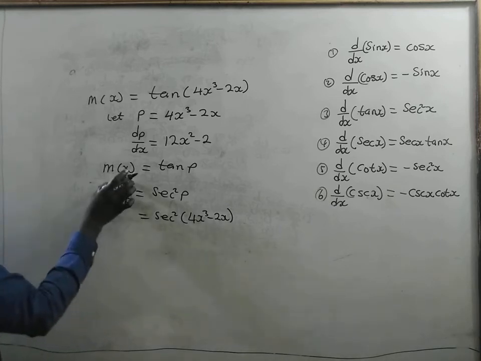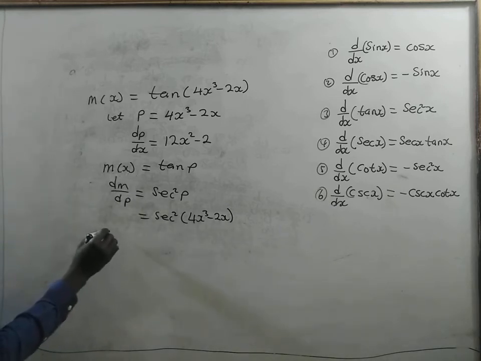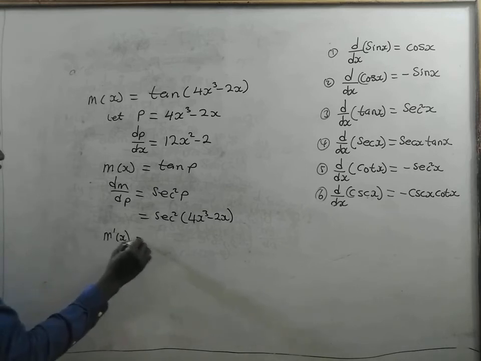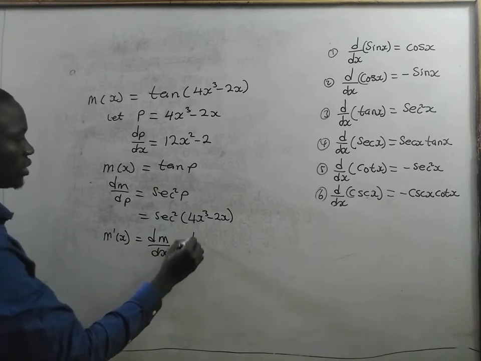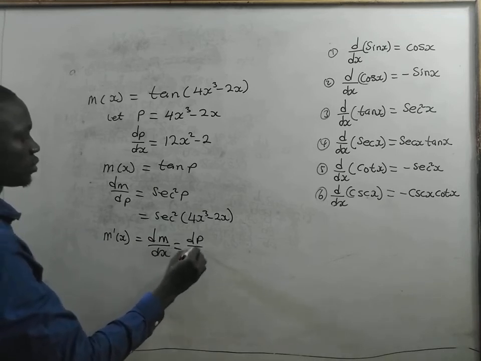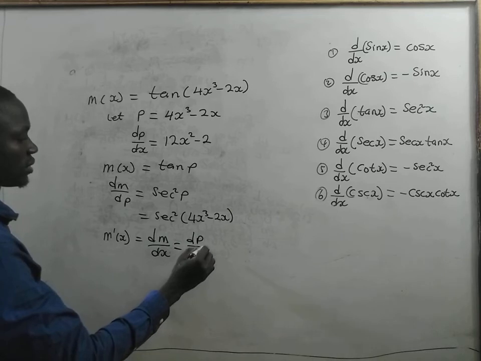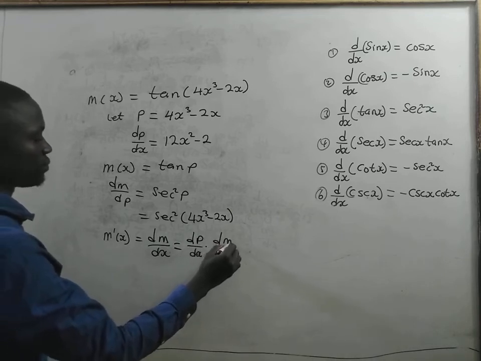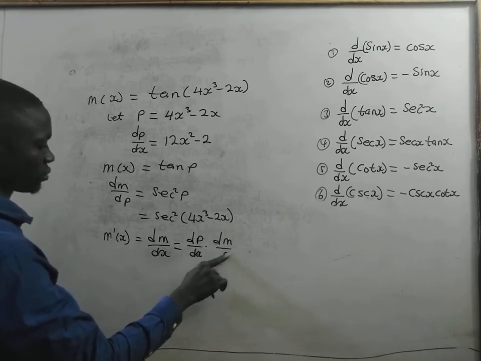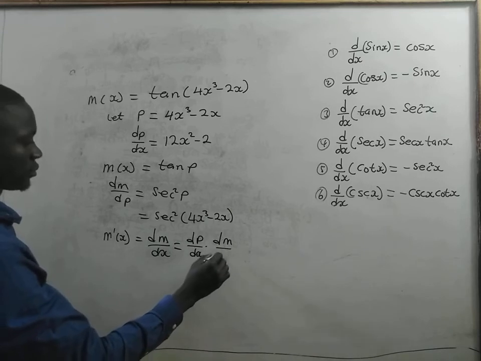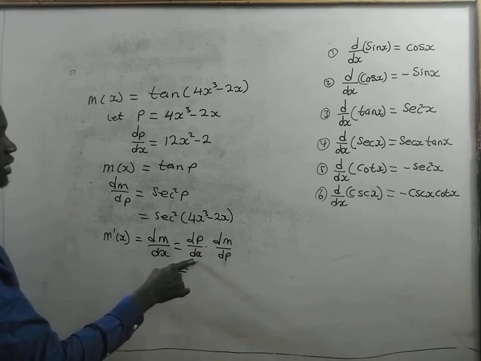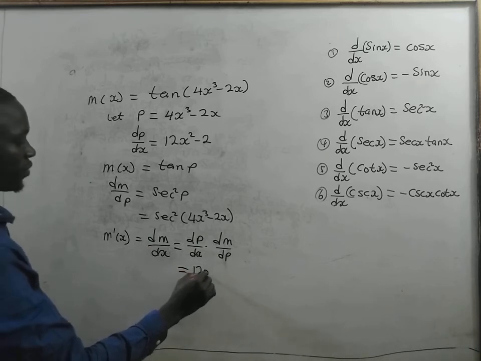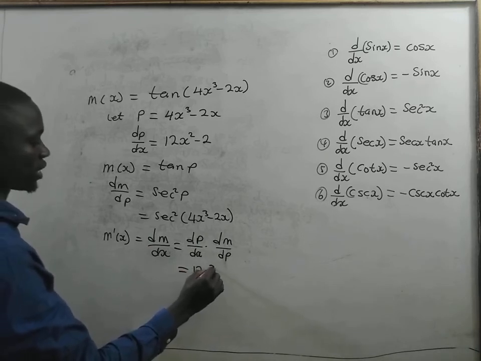So we have the derivative of m with respect to p. So here, m prime of x, that's the derivative of m with respect to x, is equal to the derivative of p with respect to x times the derivative of m with respect to p. The derivative of p with respect to x is 12x squared minus 2.